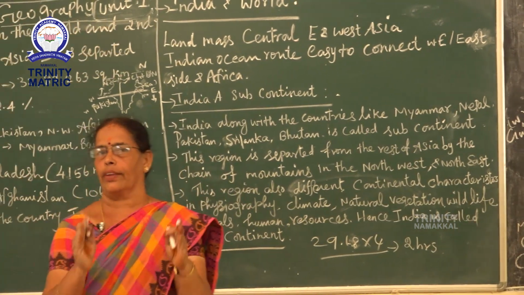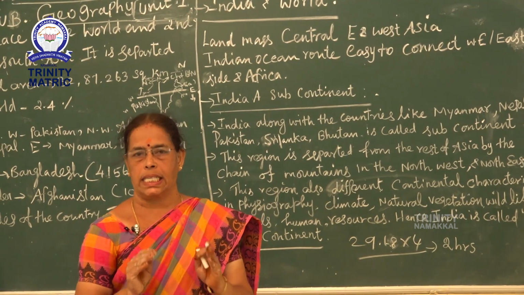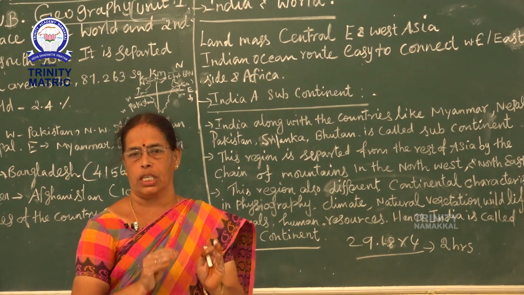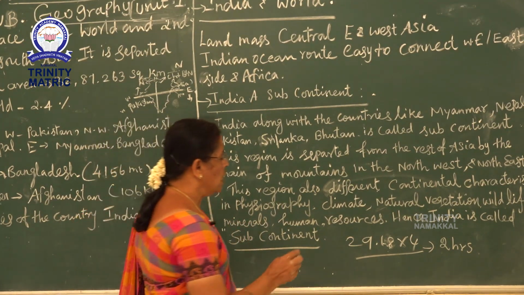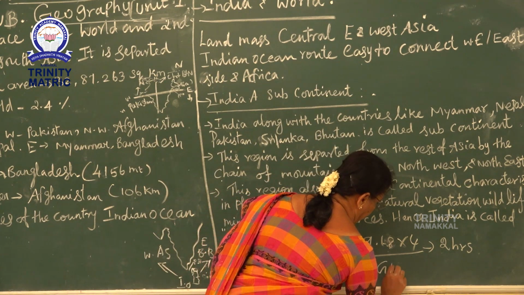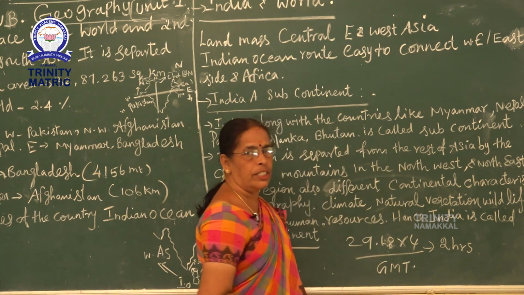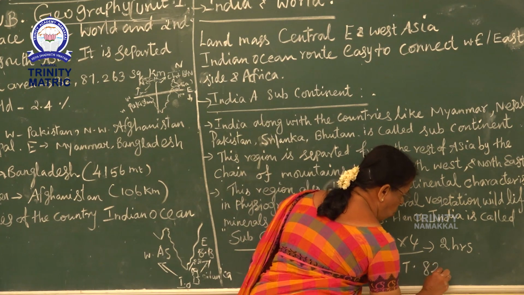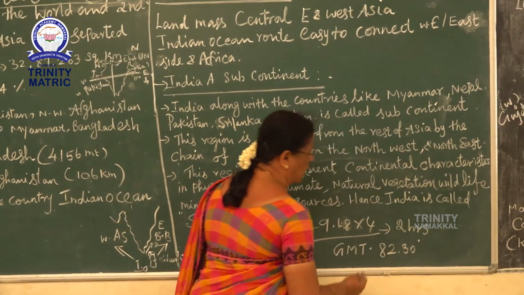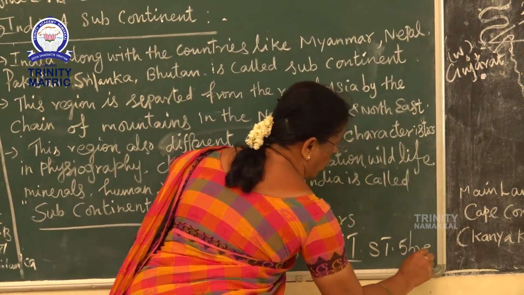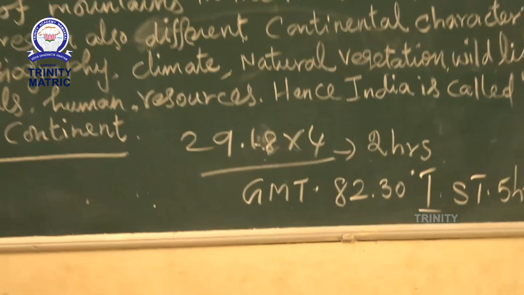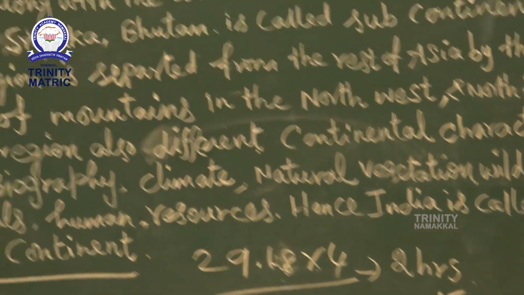So this avoids the confusion. Indian standard time is used in our country, and 82.5 degree is the reference for Indian time, measured from Greenwich Mean Time, GMT. Indian standard time is 5.5 hours ahead of GMT. Okay children, any doubt?